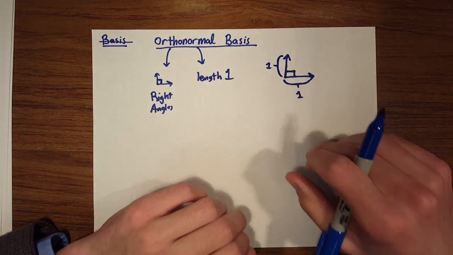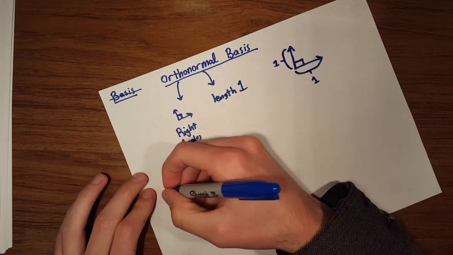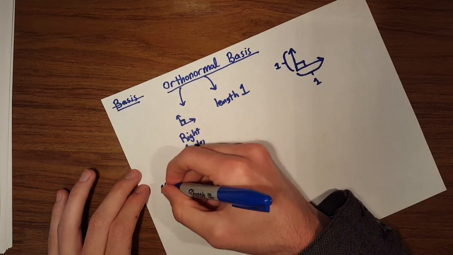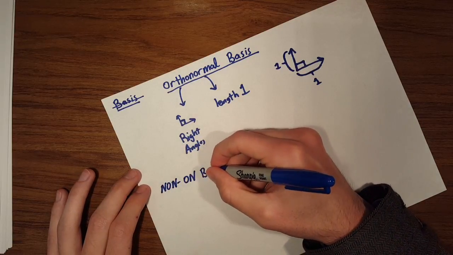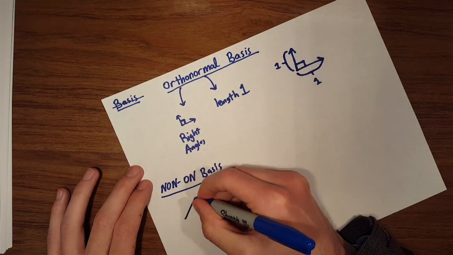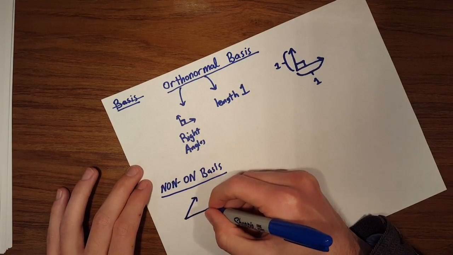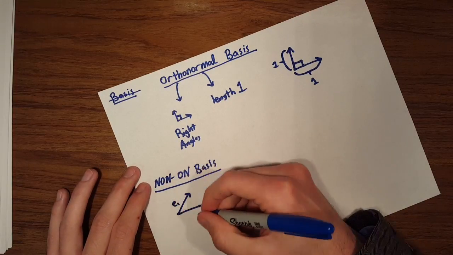Now, why is this a useful concept? Well, if we think of the basis vectors as features, let's say we had a non-orthonormal basis. I'm just abbreviating orthonormal to ON. So for arrows on the plane, here's a non-orthonormal basis, E1, E2.